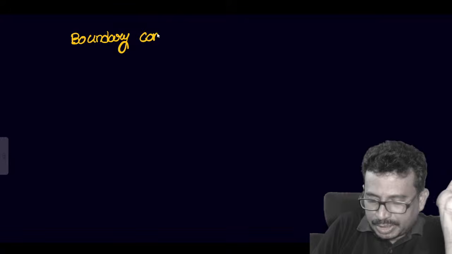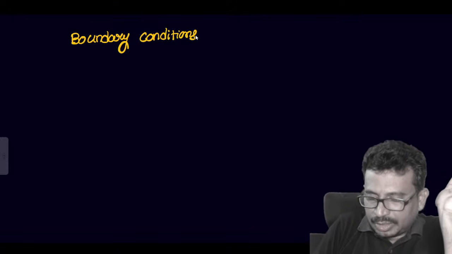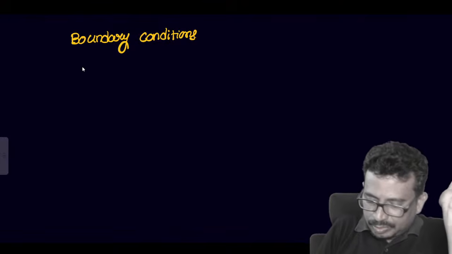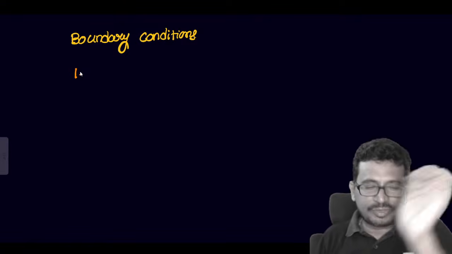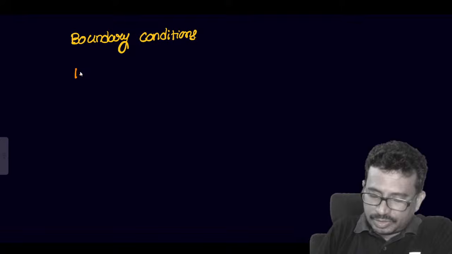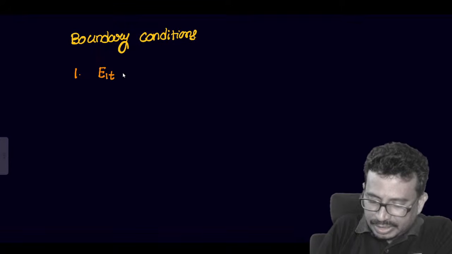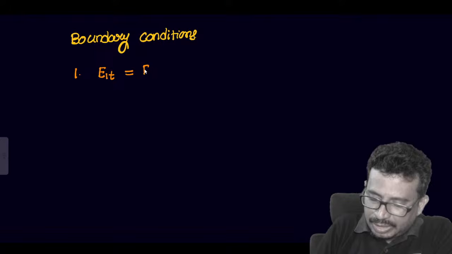We have a total of 4 boundary conditions: 2 for electric field and 2 for magnetic fields. The first boundary condition is E1t equal to E2t.